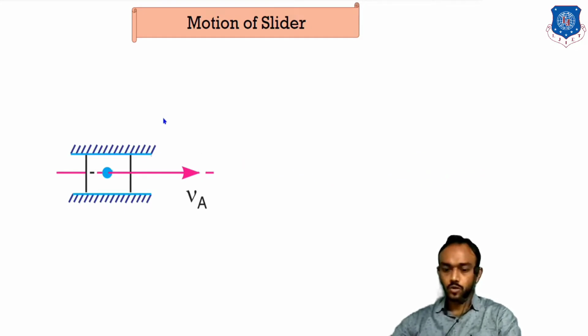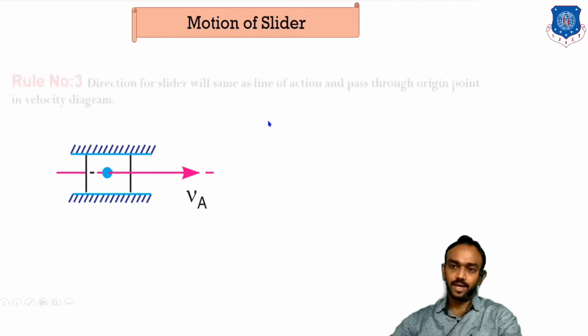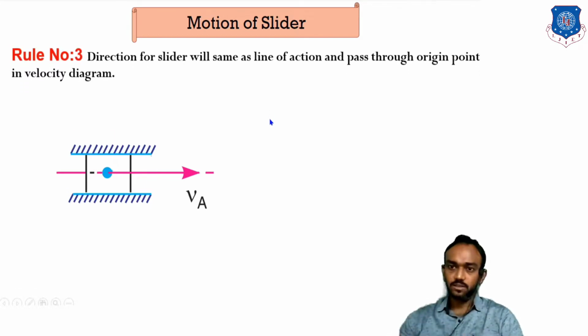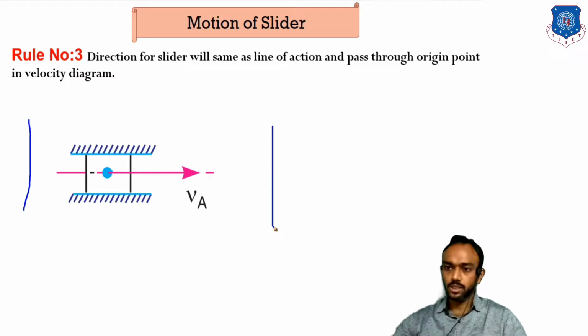Okay, so the third rule is that for the slider, the direction of the slider will be the same as the line of action, and it passes through the origin. The piston is moving from this point to this, TDC to BDC. At an extreme point, it starts to return.